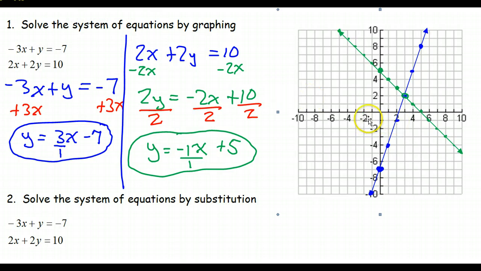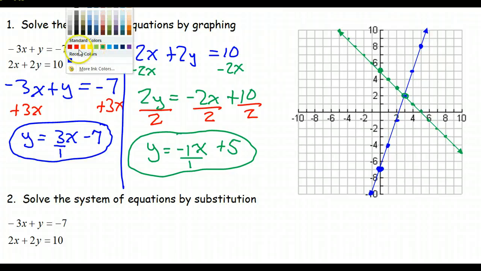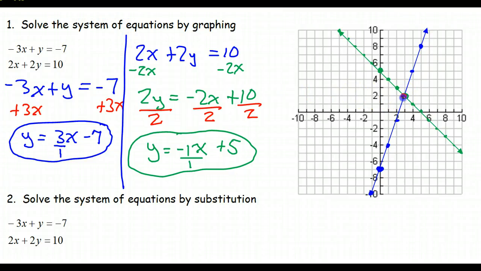Alright, now the solution of the system when you graph is going to be the point where the 2 lines meet. Okay, so the solution is right here, and it is the point 3, 2. In other words, x is 3 and y is 2.